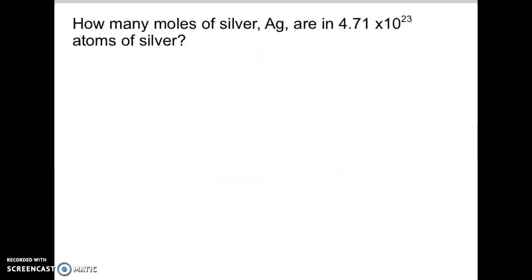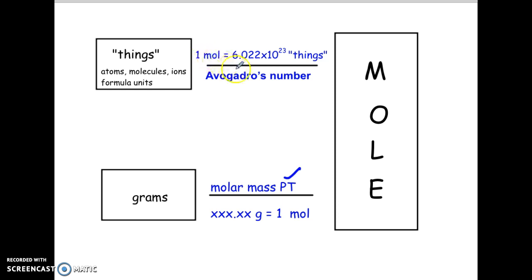What happens if we were given something like atoms of silver and we were asked to go to moles? Well, now it's a different relationship, and this is a relationship that you should memorize. 1 mole of any substance, it doesn't matter what the identity of that substance is, is equal to 6.022 times 10 to the 23rd things.